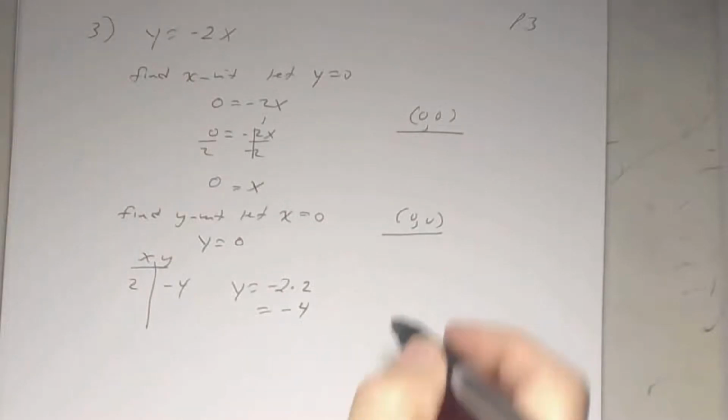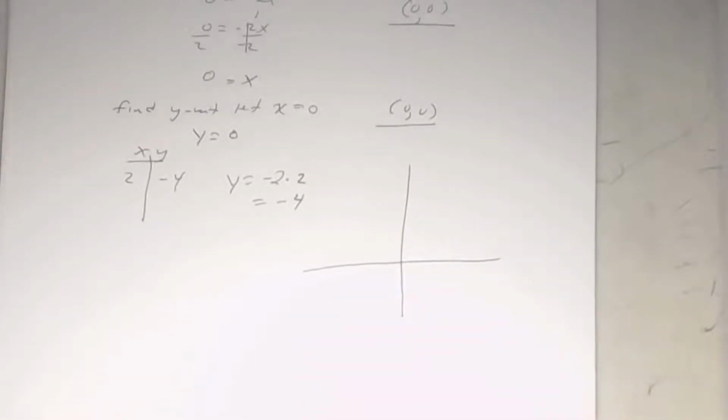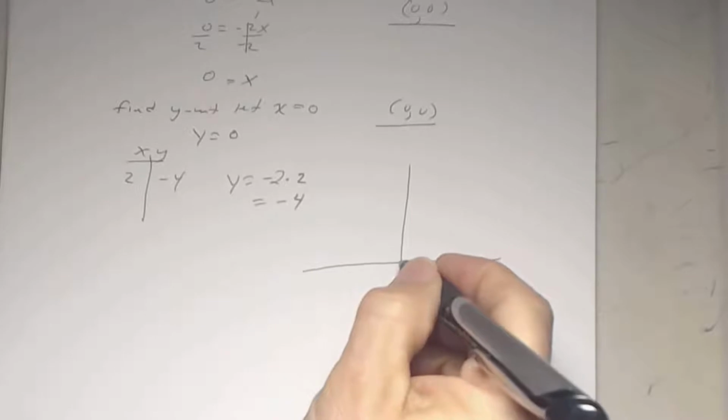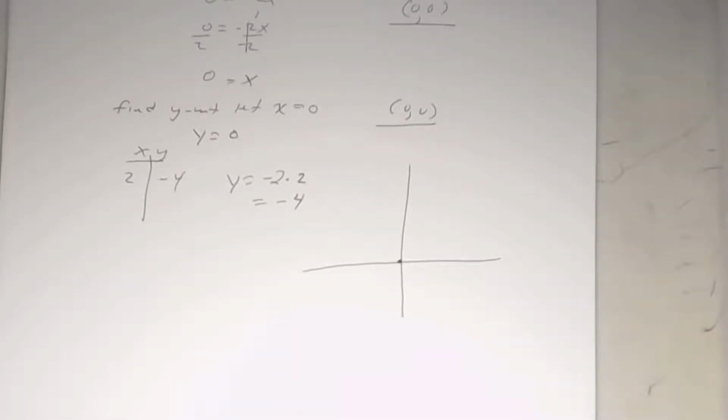So on MyMathLab in the plane, you're going to click on the drawing tool. You're going to put the origin as your intercept, and that's the only intercept that you have here. And then you're going to click on what point, if this is the one you chose? 2, negative 4. Someone else could have said 3.